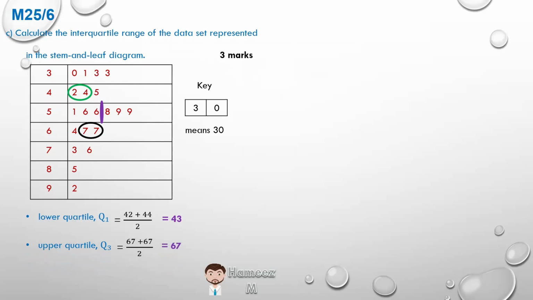So Q3 is 67, Q1 is 43. They're asking us to find the interquartile range. So the interquartile range is Q3 minus Q1, which is 67 minus 43, which works out to be 24. So that is the IQR, the interquartile range. Let's now move on. That was part C.